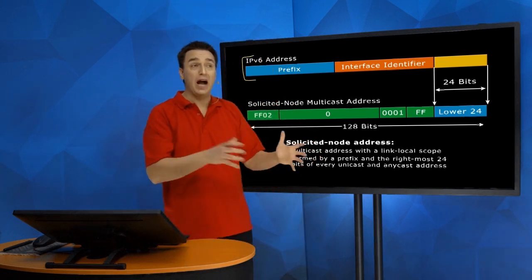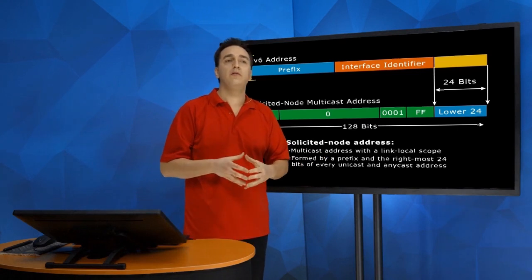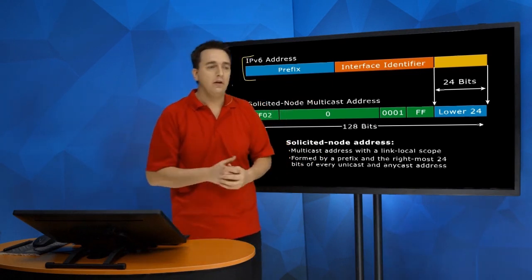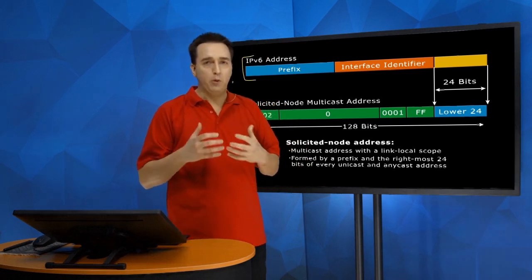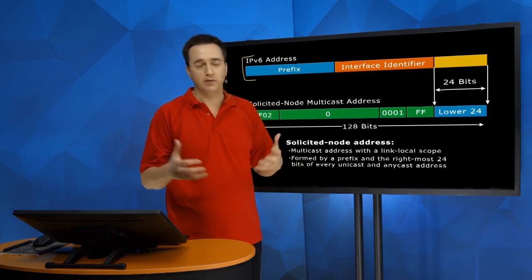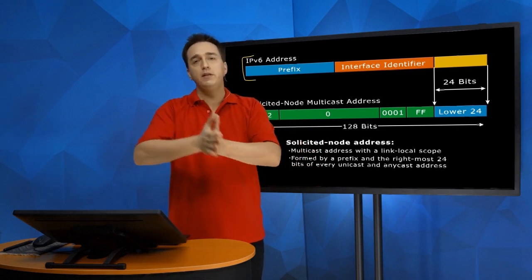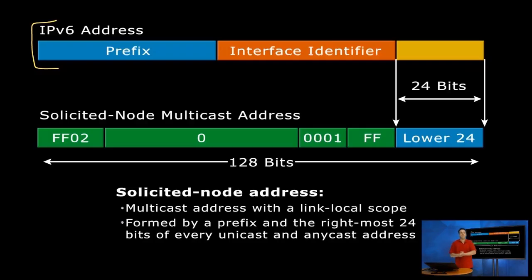Because we would have either typed it in or we would have used DNS to resolve the address from the host name. Very important concept, and it's the same concept as IPv4. If you know the host name, then DNS gives you the IPv4 address. In this case, if you know the host name, then DNS is going to give you the IPv6 address. Or you type in the addresses yourself.